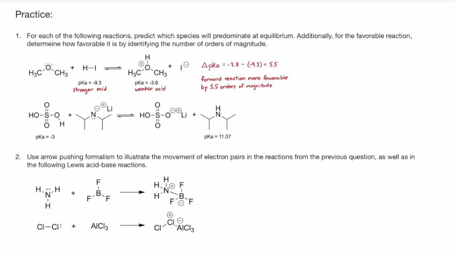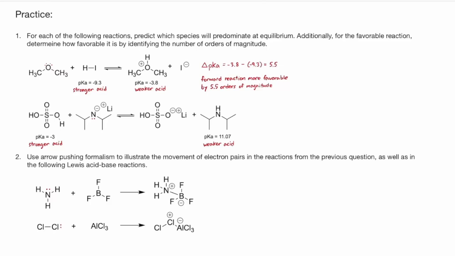Again, for the second reaction, we can use the pKa values of the acid and conjugate acid in the forward reaction to predict which direction the reaction favors. The pKa of the acid, sulfuric acid, is negative 3, and the pKa of the conjugate acid, diisopropylamine, is 11.07. In the forward reaction, we're going up in pKa value as we go from the stronger acid to the weaker acid.